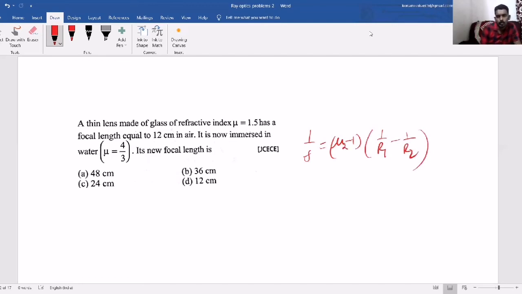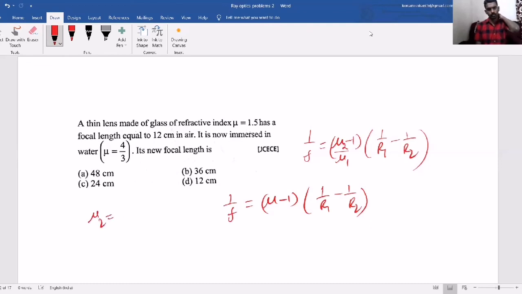Or else mu 2 by mu 1 is the general formula, but in air mu 1 is 1, so 1 by F equal to mu minus 1 into 1 by R1 minus 1 by R2, where the mu 2 value is mu, that is the refractive index of the material of the lens, that is 1.5.